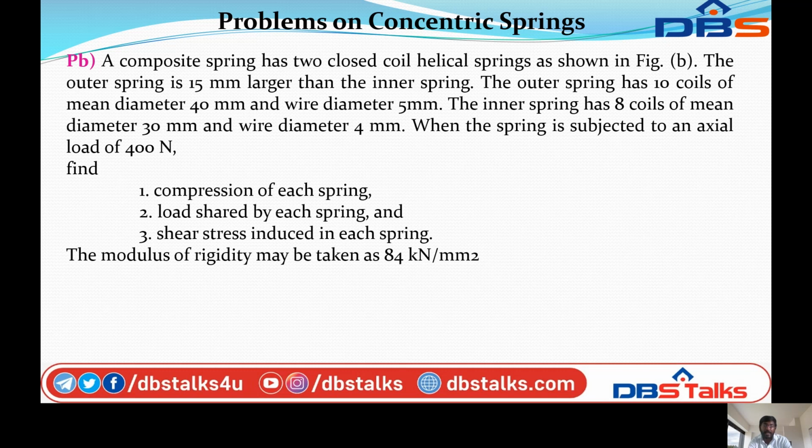The inner spring has 8 coils of mean diameter 30 mm and wire diameter 4 mm. When the spring is subjected to an axial load of 400 newtons, find the compression of each spring, load shared by each spring, and shear stresses induced in each spring. Finally, the modulus of rigidity may be taken as 84 kilonewton per mm square.